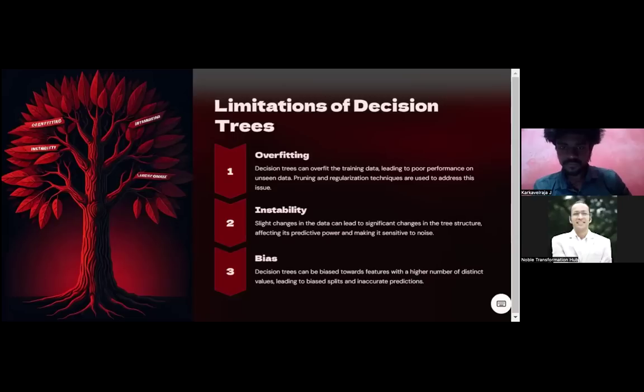When you split data into different classification classes, if the split is biased, then the result will be biased. And if inaccurate predictions are there, again it will be biased. So in this slide you have understood overfitting, instability, and bias.